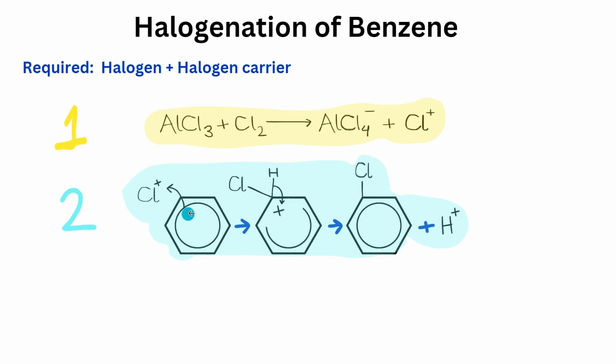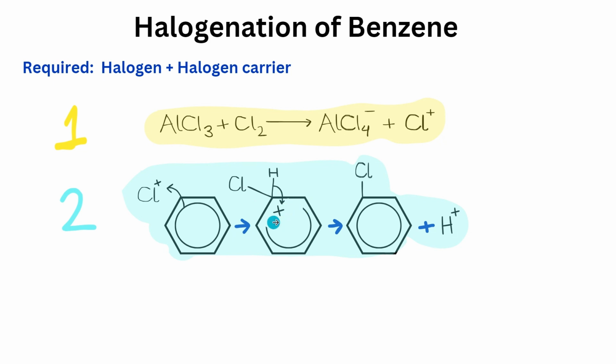This delocalized ring of electrons is attracted to this electrophile, and we show this by drawing a curly arrow from this delocalized ring of electrons to the electrophile. And then we see that two electrons move from this delocalized ring of electrons to chlorine in order to form a bond with chlorine.